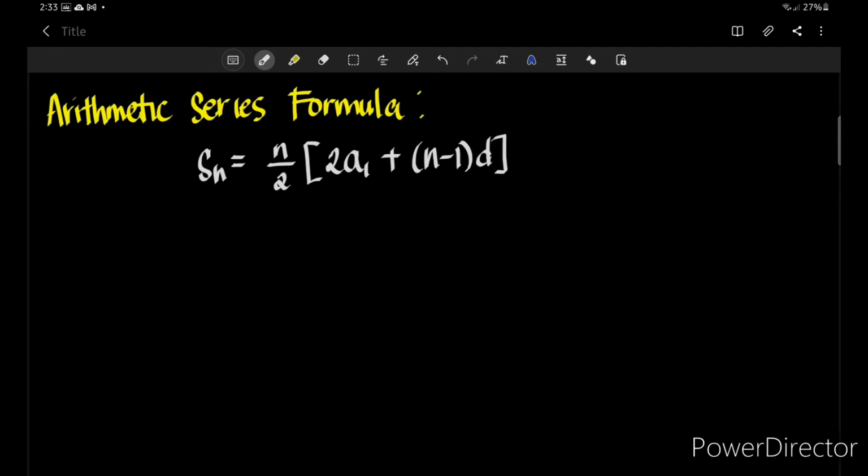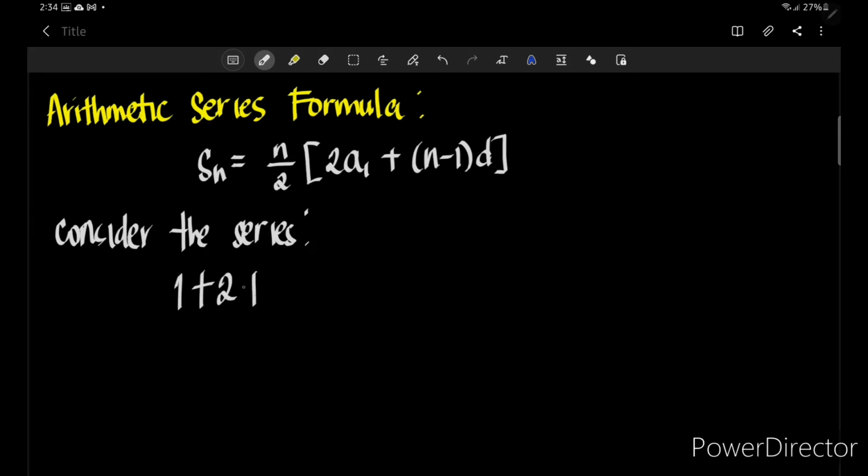Alright, we all know that arithmetic series formula is S sub n equals n over 2 times the sum of 2a sub 1 and the quantity of n minus 1 times d. Okay. Now, let us consider the series. Okay, 1 plus 2 plus 3 plus 4 plus 5 plus all the way up to n.